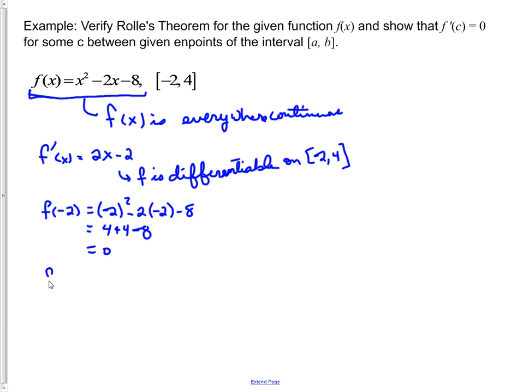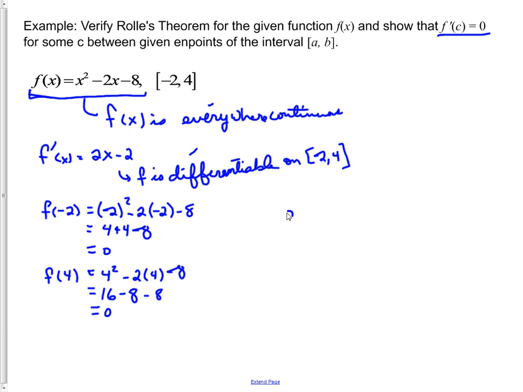Let's see what happens at f of 4. In this case, taking 4 squared, subtracting 2 times 4, and subtracting 8, sure enough, that gives us 0 as well, right? 16 minus 8 minus 8, that's 0 as well. So f of a is equal to f of b. The function is differentiable and everywhere continuous. So the next question is, where on the interval does the derivative equal 0? So we want to verify that that's true.